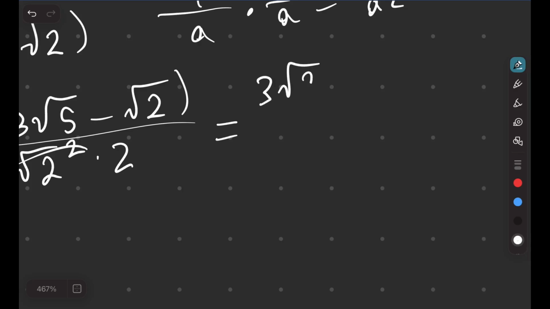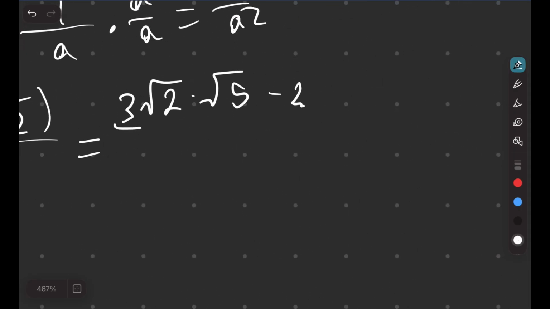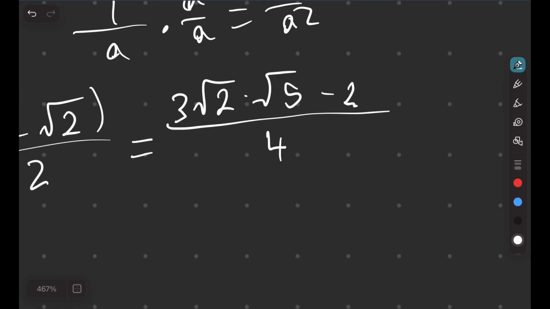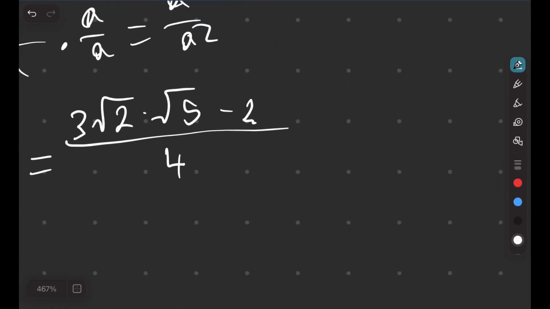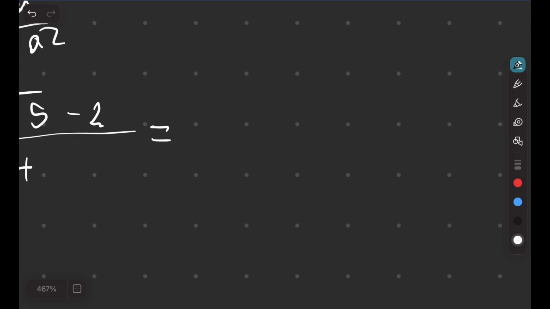3 root 2 times root 5 minus root 2 squared, which is just 2, all over 2 times 2, which is 4, right? And we know that a radical times a radical is just the number inside of both of them times each other, in a square root. So it'd be 3 root 2 times 5, which is just 10.